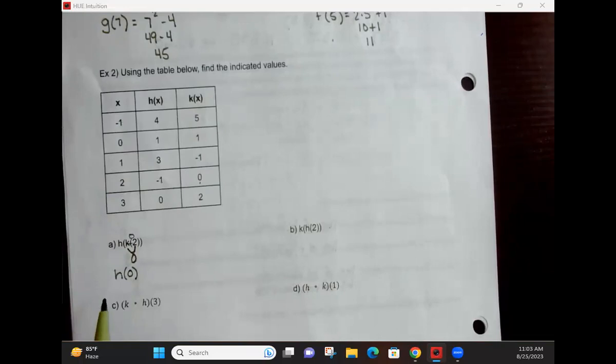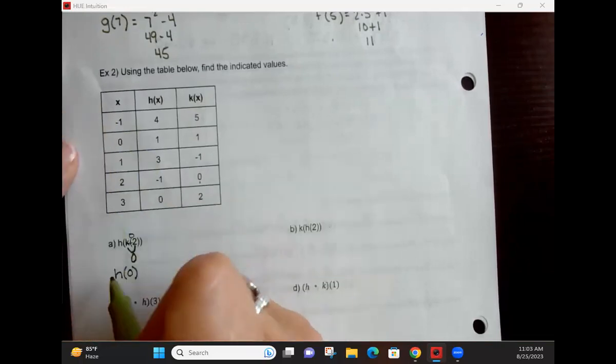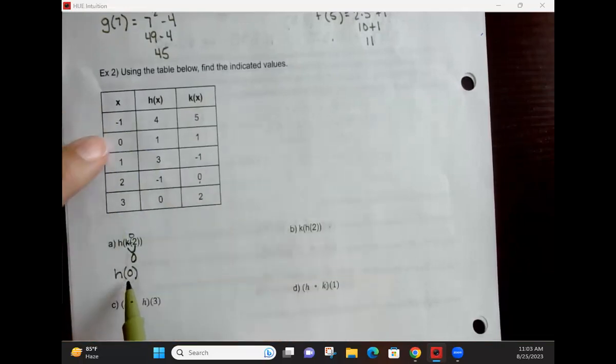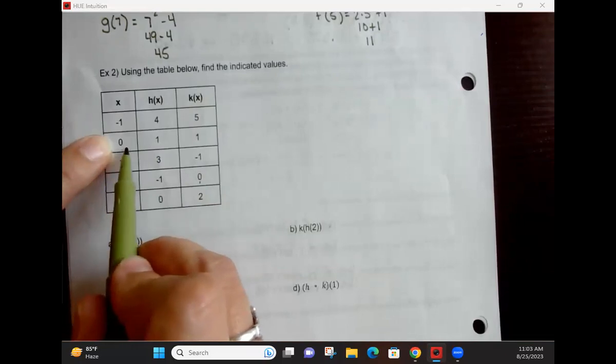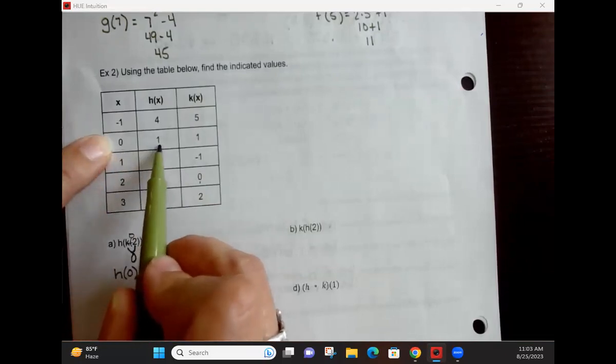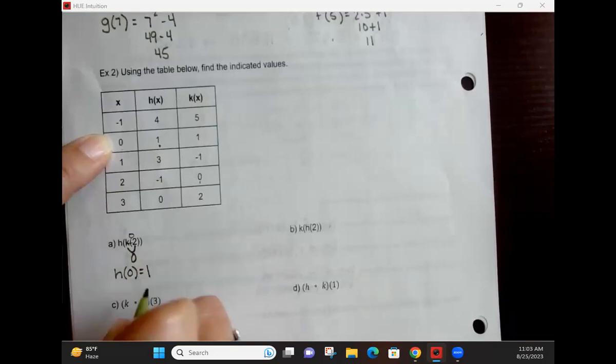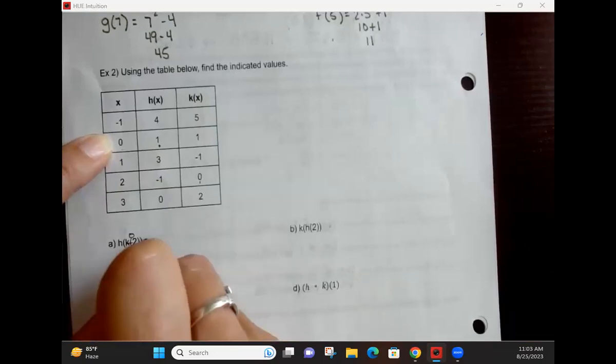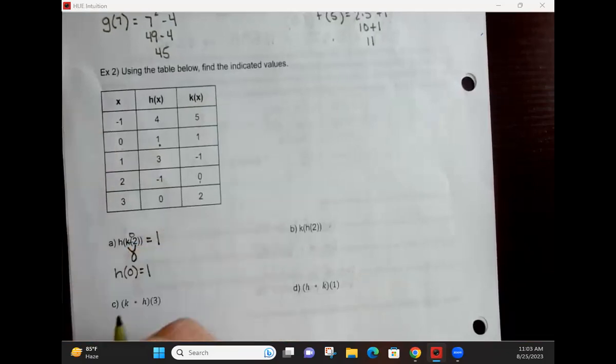So I'm going back to the input column, the x column, and this time my input is 0. I'm going to follow that over to the h column, and I get 1. So my final answer is 1.